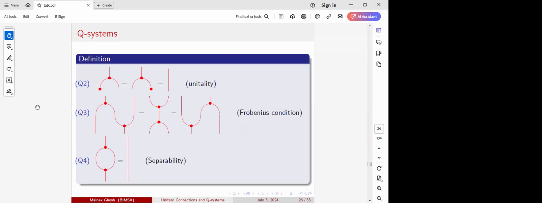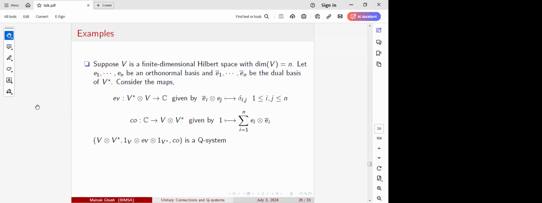Okay, now let me give some examples. Suppose V is a finite dimensional Hilbert space and say e_1 up to e_n is an orthonormal basis, and say e_1 bar up to e_n bar is the corresponding dual basis of V star.